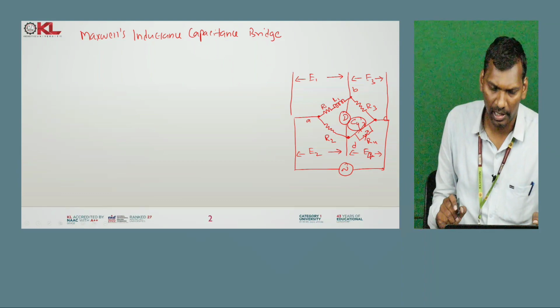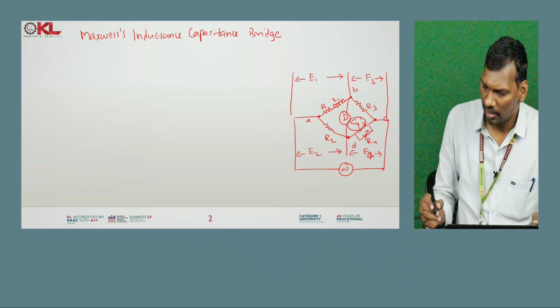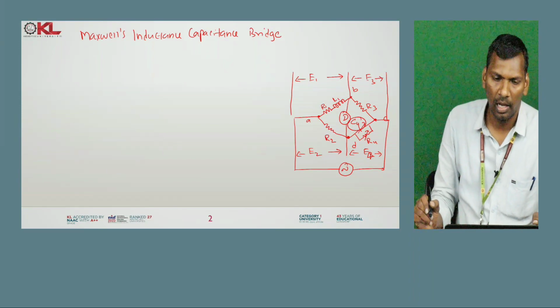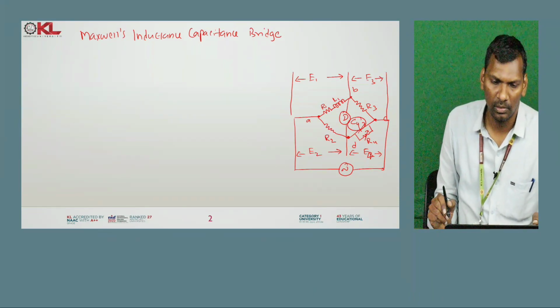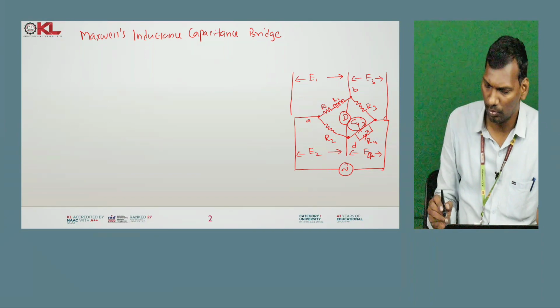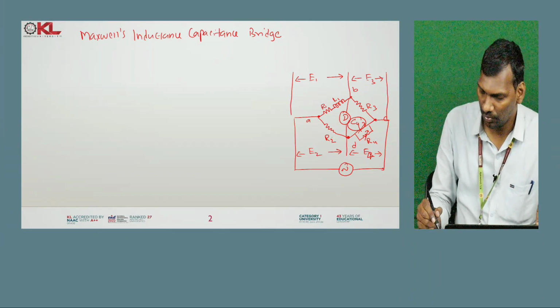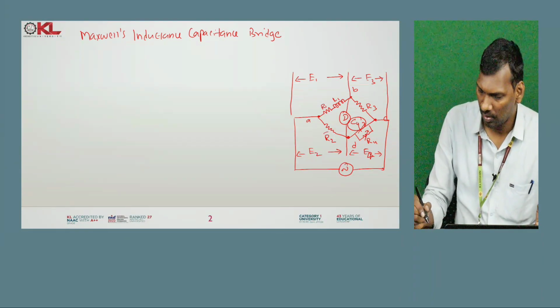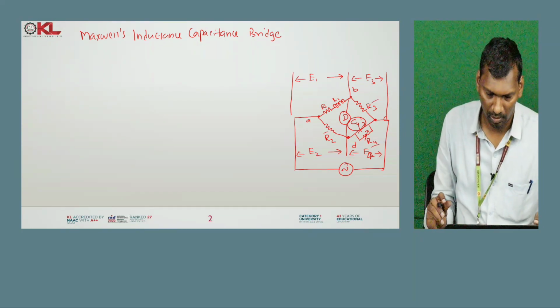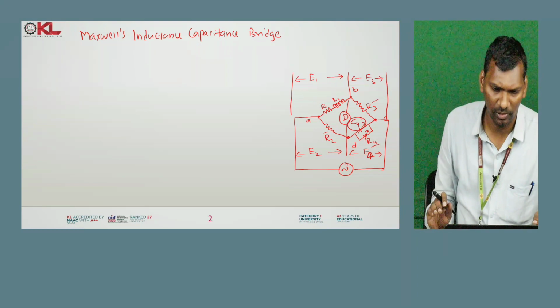C4 is the variable standard capacitor, and R2, R3 and R4 are the known non-inductive resistance values.